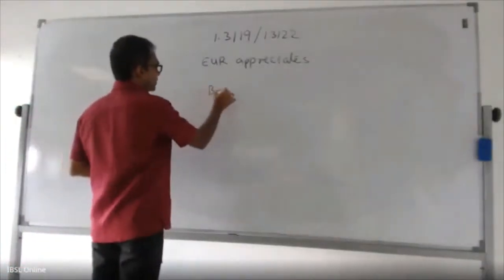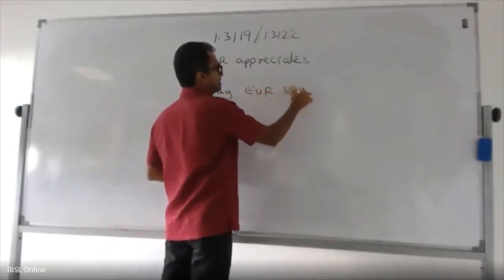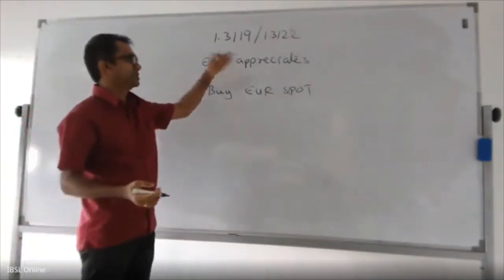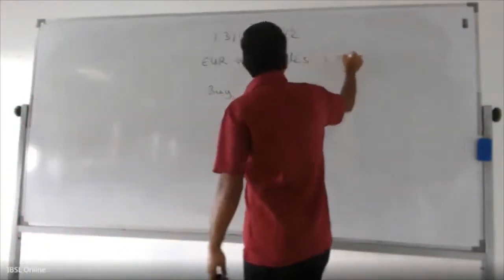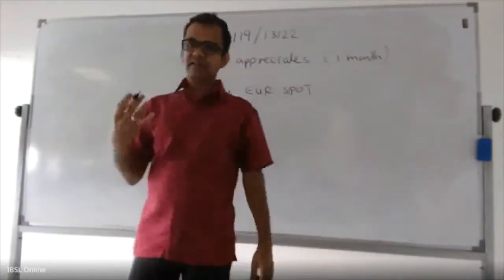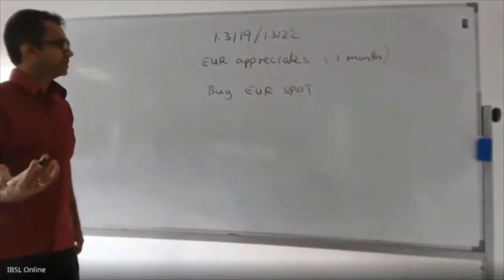So what you can do, you buy euro, and say you assume that the euro appreciates in 1 month's time. You buy euro spot and keep it for a 1 month period.